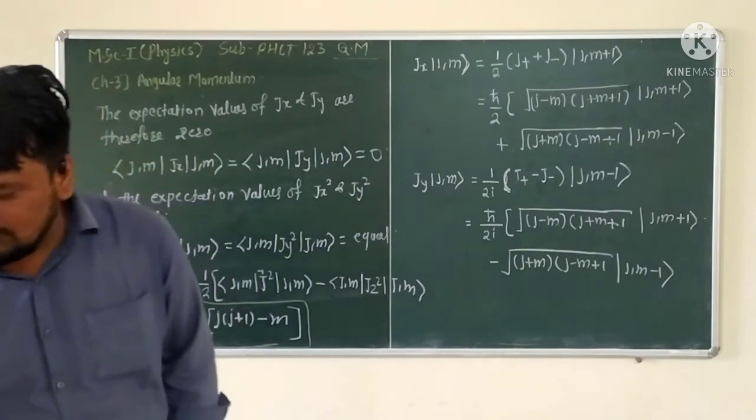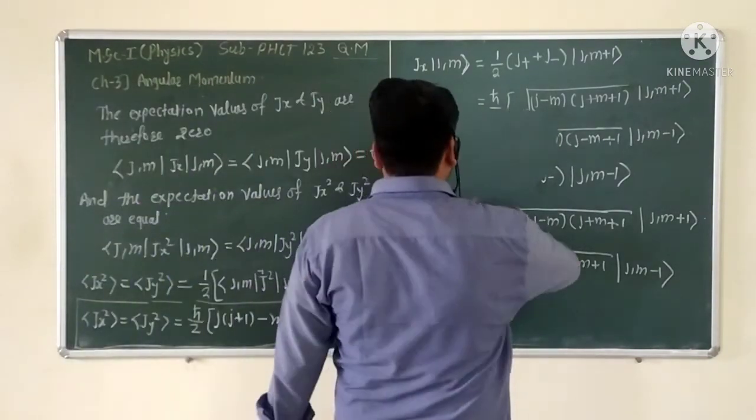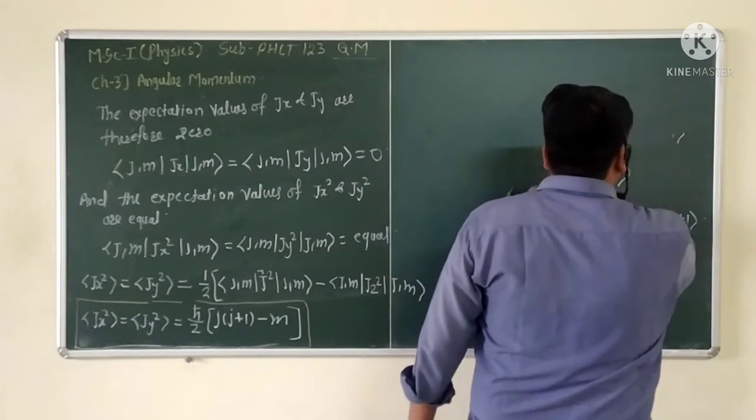So first of all we want to see the commutation relation between Jx square and Jy.